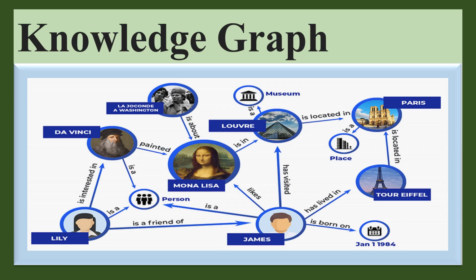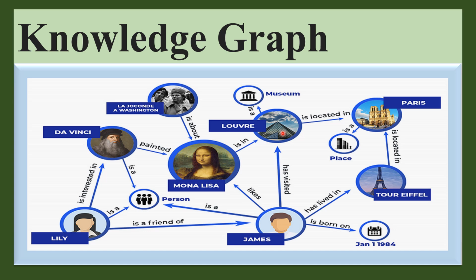Next comes knowledge graph. Now, this knowledge graph is a structured representation of knowledge that organizes information as a network of interconnected entities or the nodes and relations, that is the edges between them. In simple terms, it is a map of concepts and their connections in the real world or within a specific domain.